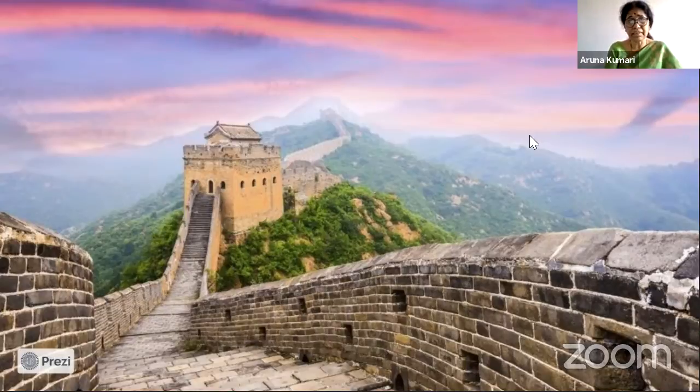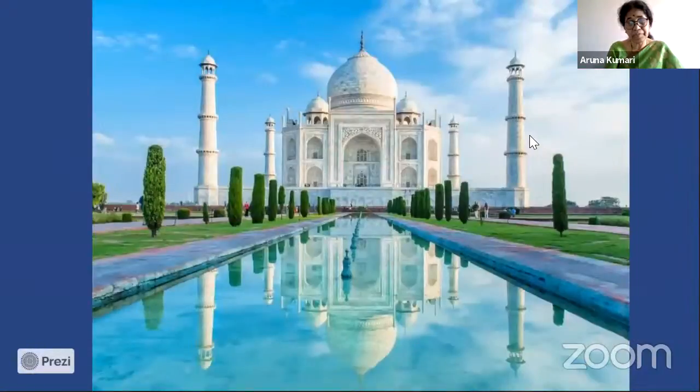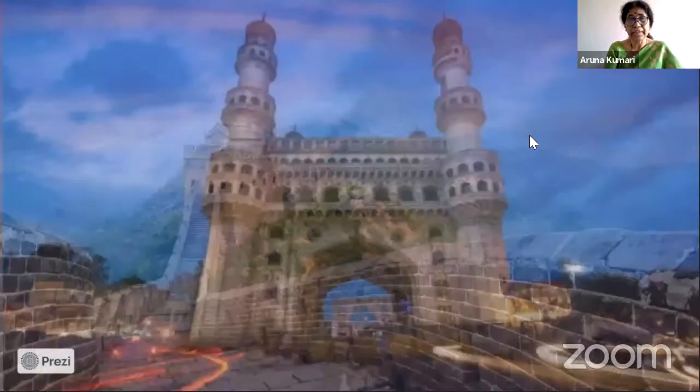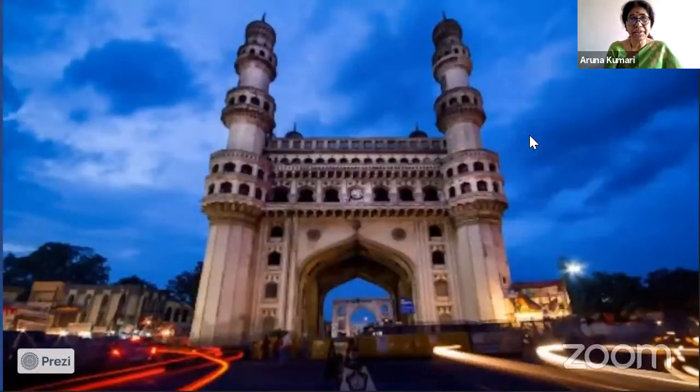Even then the people constructed them, that means there should be a formula, but we have to know about it also. Okay. This is Charminar. Everybody knows it very well because it is in our state only.